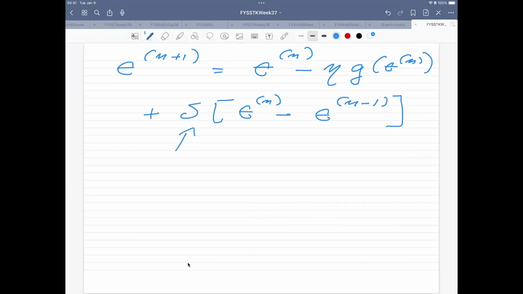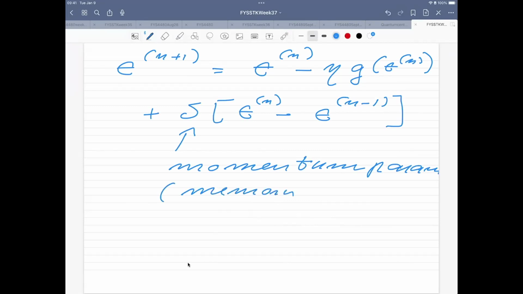So this is normally called the momentum parameter. And I like to call this more a memory, because it keeps track and gives a weight to the previous values.